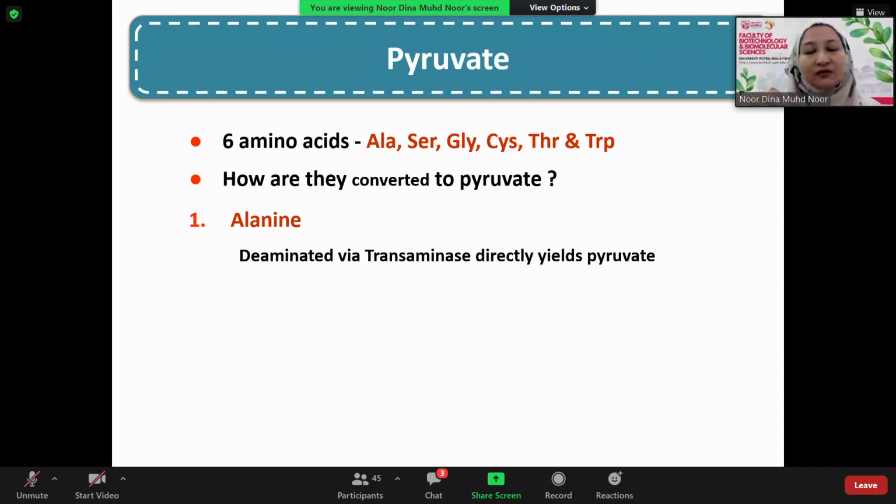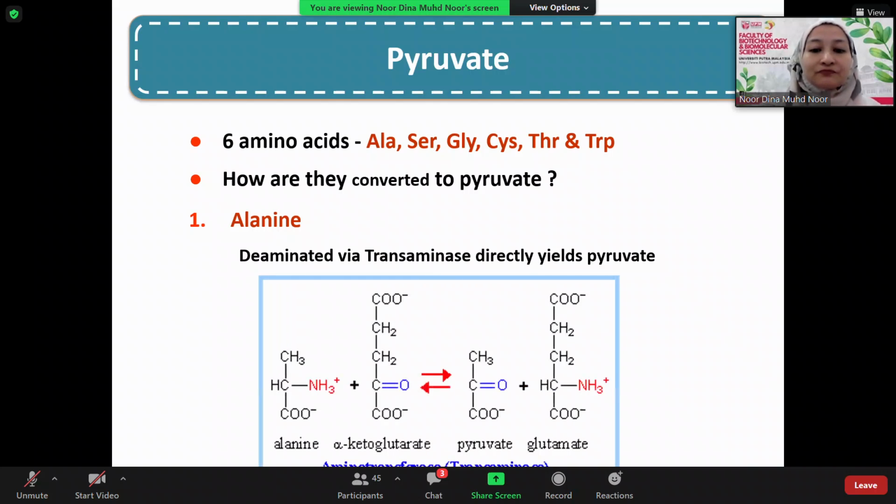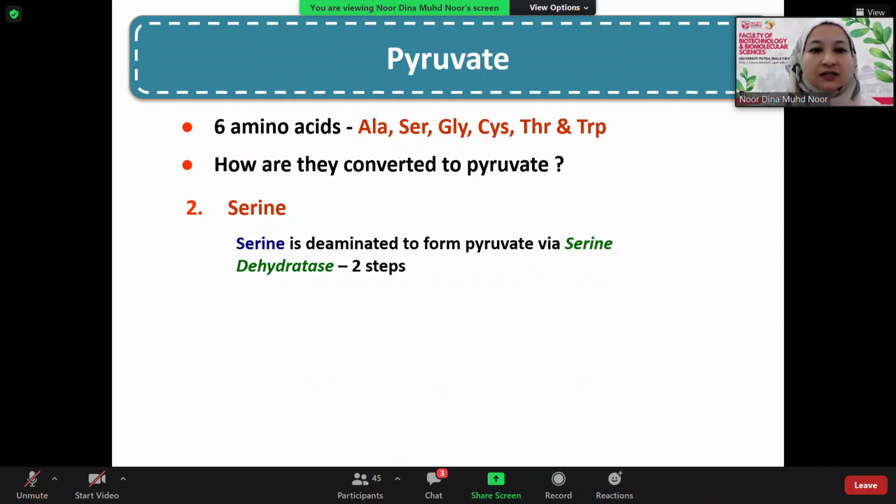During transamination, we need to do deamination to remove the amino group, and we have the product, which is pyruvate, or oxaloacetate, which comes from aspartate. For alanine, the product is pyruvate, other than glutamate. Still remember this one. This is the transaminase.